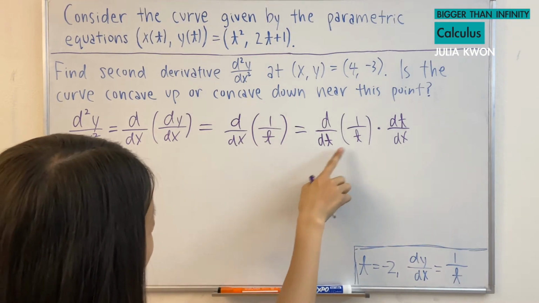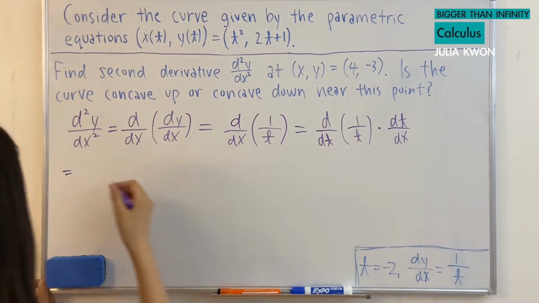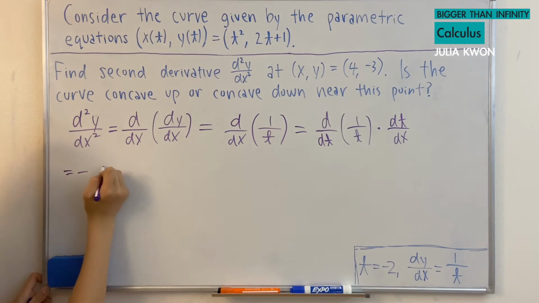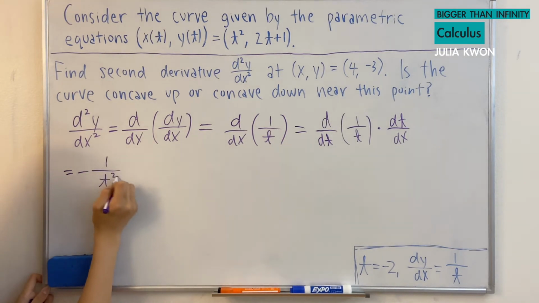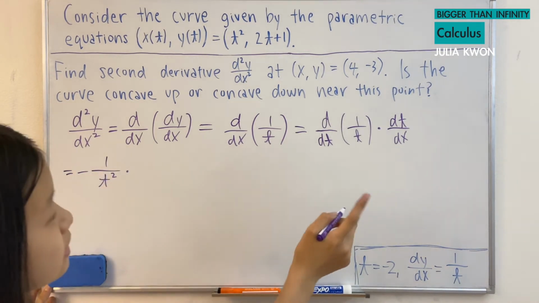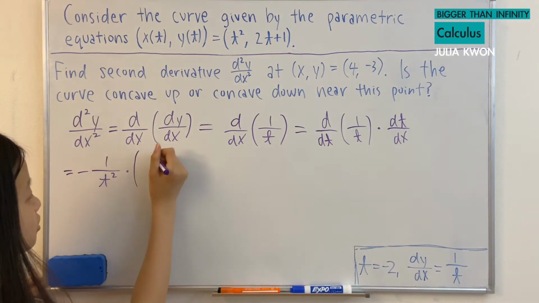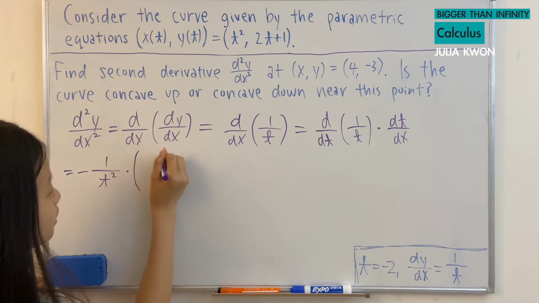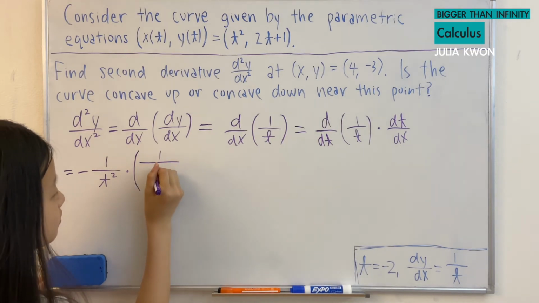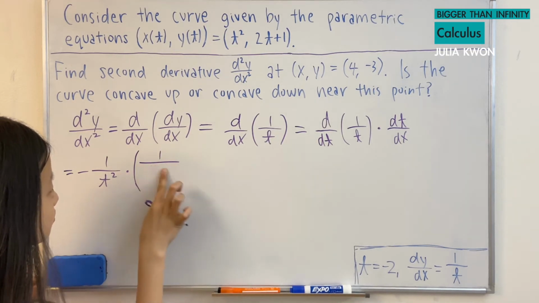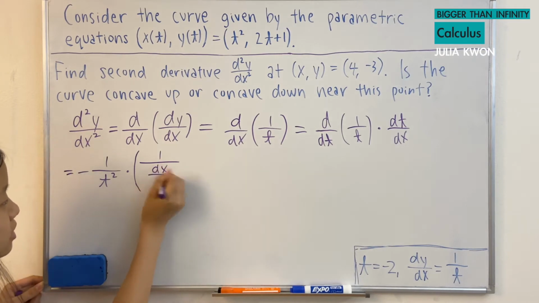I'm going to work down here now. If we take the derivative of 1 divided by t, we have negative 1 divided by t squared multiplied by dt divided by dx, which is equal to 1 divided by dx divided by dt.